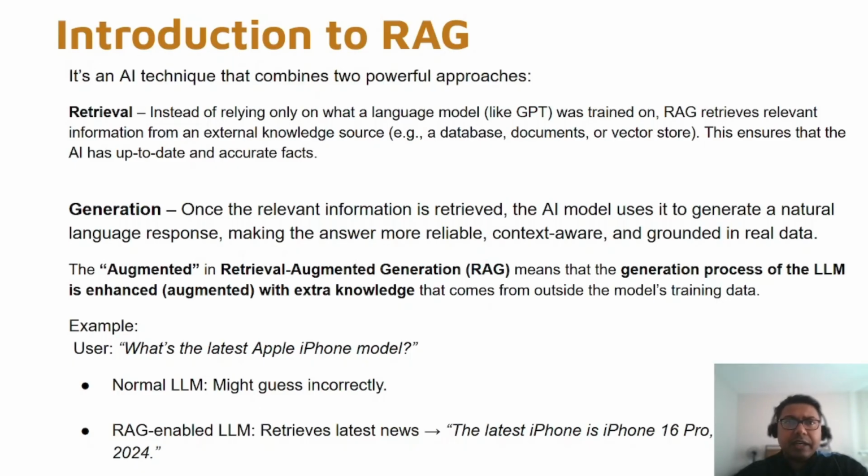To explain it in a little more detail, normally if we ask a question or send a prompt to ChatGPT or any other AI model or LLM, it gives us some information based on what it was trained on.